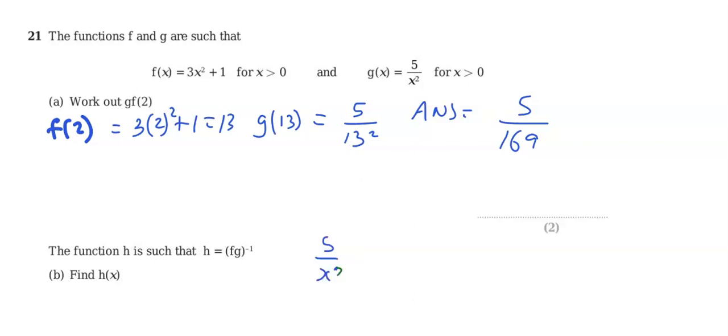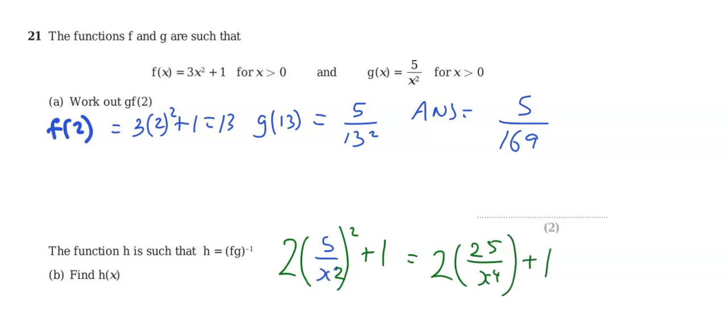That should say squared. And then do g to it. Sorry, then do f to it. And so that becomes 2 lots of 25 over x to the power of 4 plus 1.